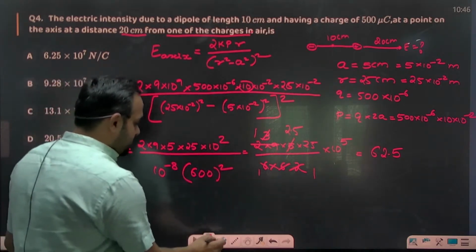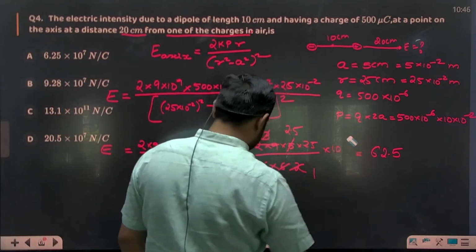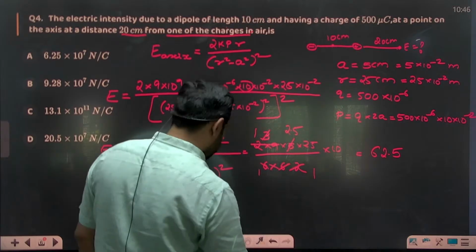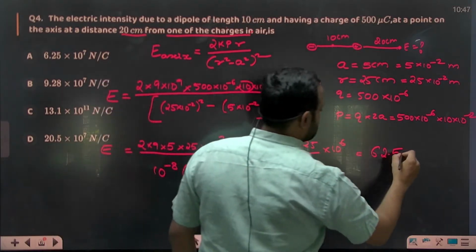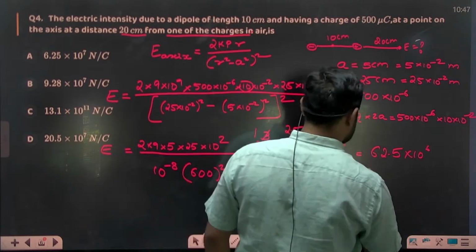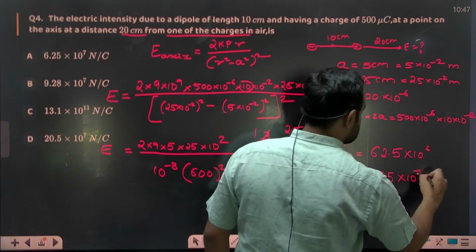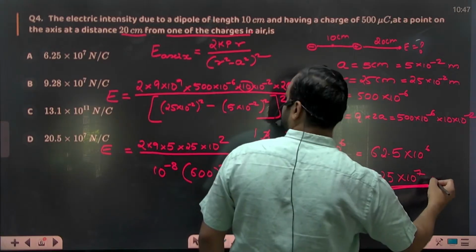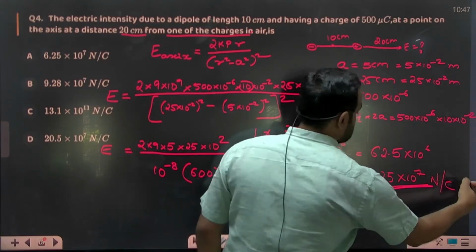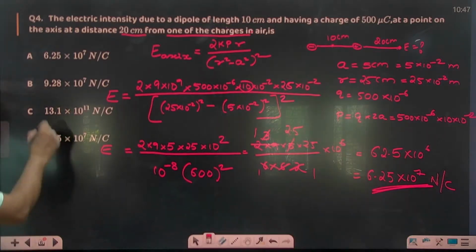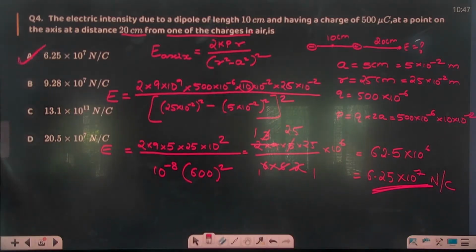So this will become 10 raised to 6. So 62.5 into 10 raised to 6. So this becomes 6.25 into 10 raised to 7. The calculation is a little lengthy, but otherwise it is simple.